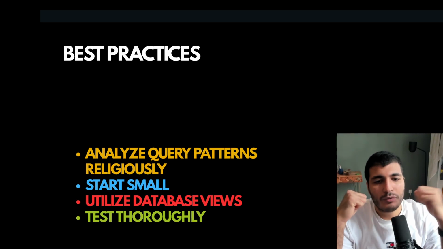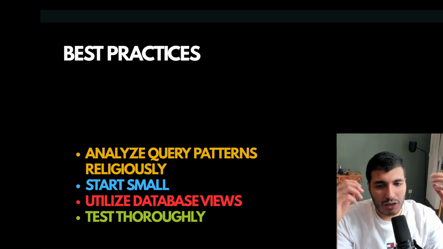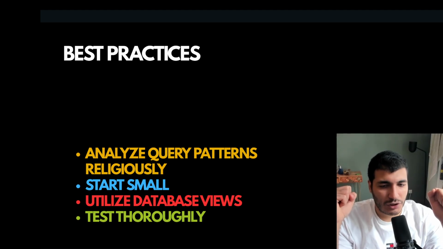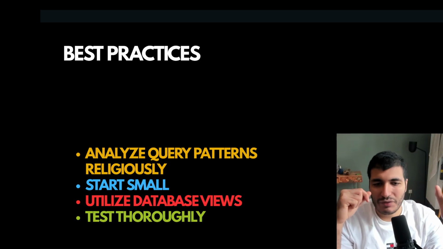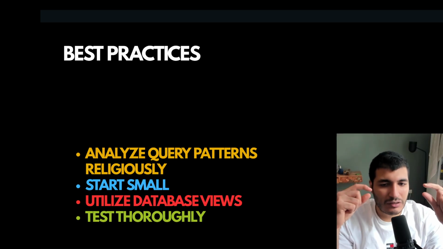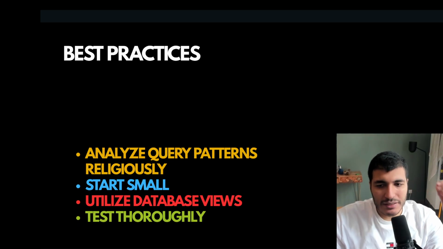Number three, utilize database views. Create database views to abstract the partitioning details from your application logic. Your application can then query the view as if it were a single table, and the view will handle the underlying joins to the partitioned tables. This makes maintenance and future changes way easier.